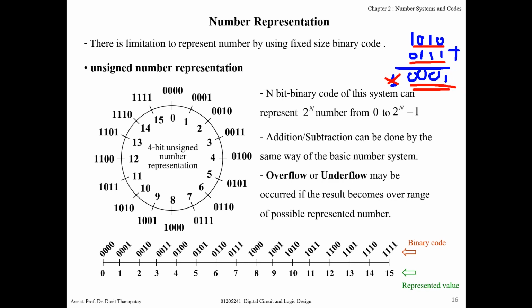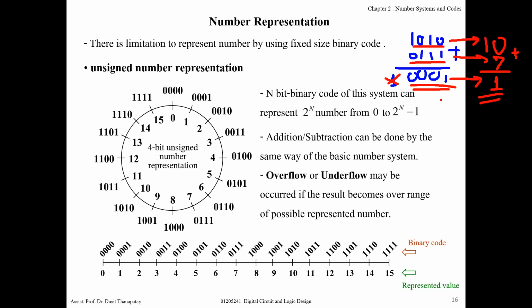The result is 0001. At first, this one represents 10, right? This one is 7. This one represents 1. What happened? 10 plus 7 should be 17, right? But your result is 1. Okay, it's wrong, right?